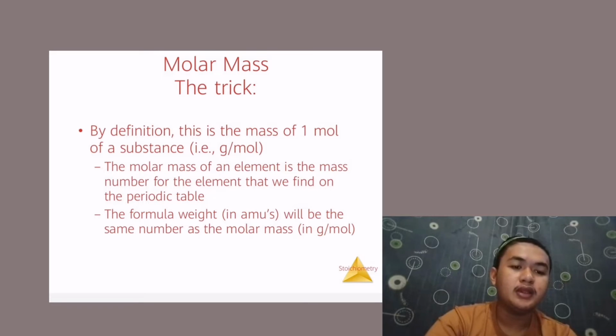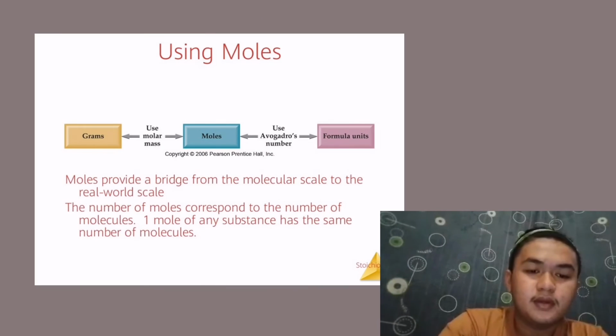The formula weight in atomic mass units will be the same number as the molar mass in grams per mole. Using moles and grams, use molar mass. Moles to formula units, use Avogadro's number.